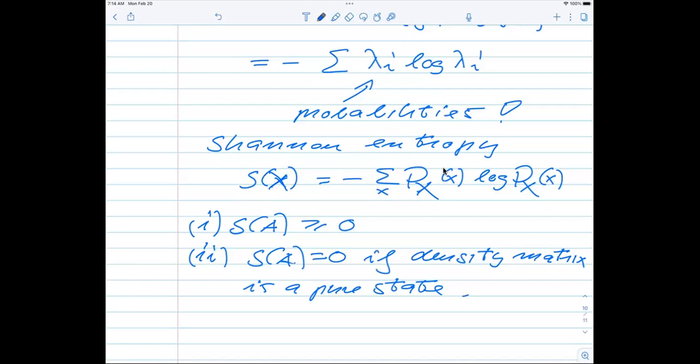And these measurements, just keep that in mind, are made typically on individual qubits, which means that quantities like this subsystem density matrix are going to play a very important role.